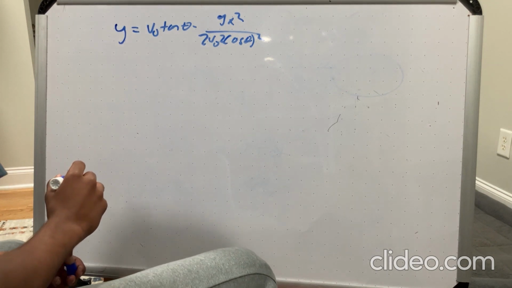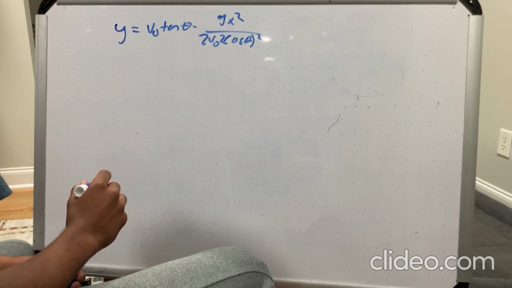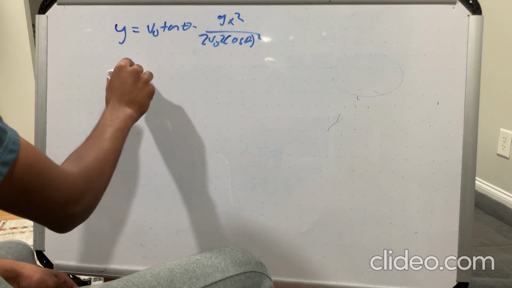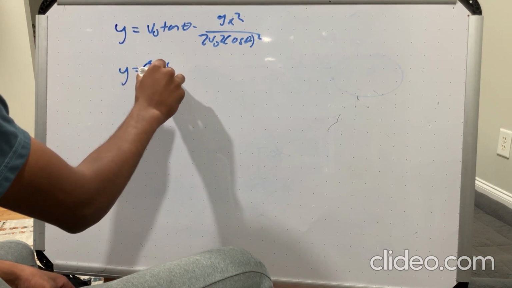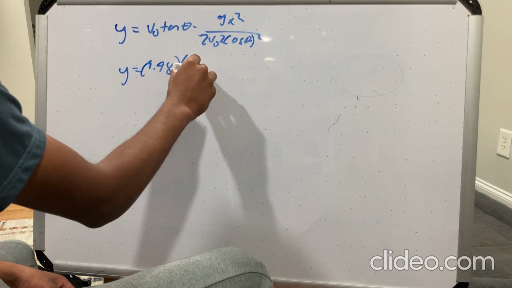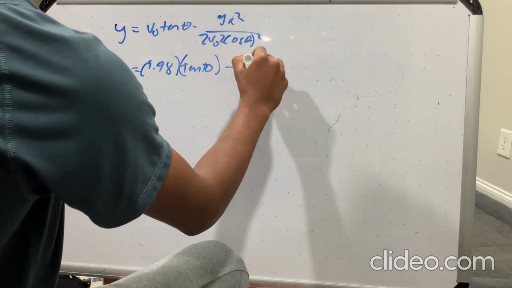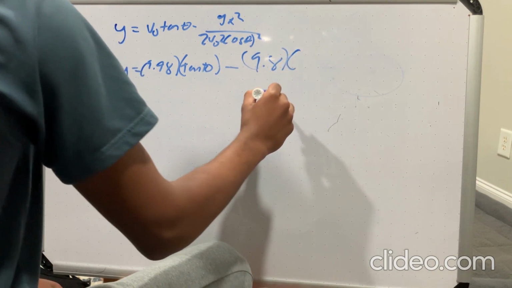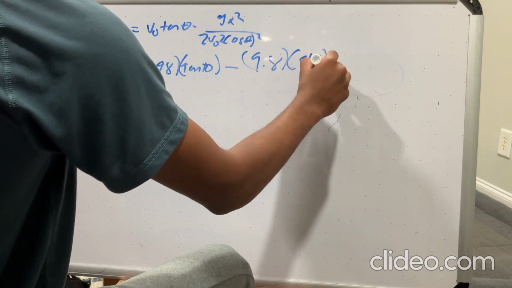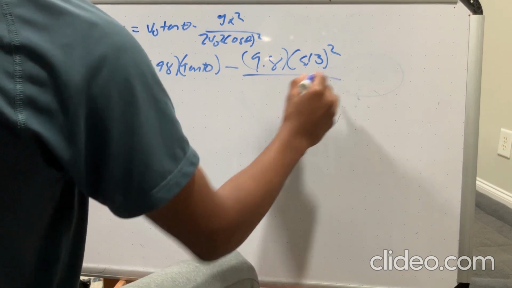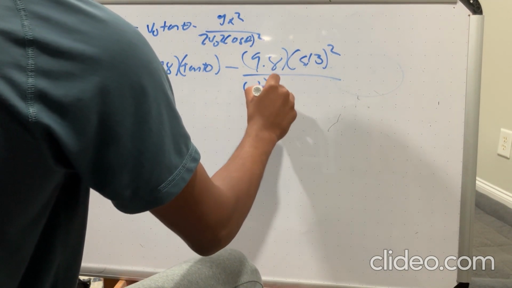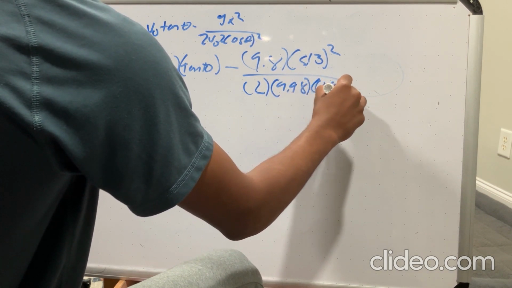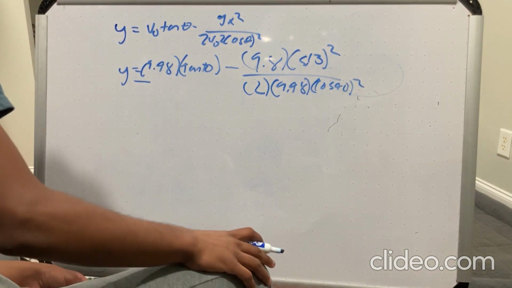And you would plug this all in. Y equals 9.48 from the previous problem, tan of 40, minus 9.8 times the distance, which is 5.13 squared, all over 2 times 9.48 times cosine of 40 squared.